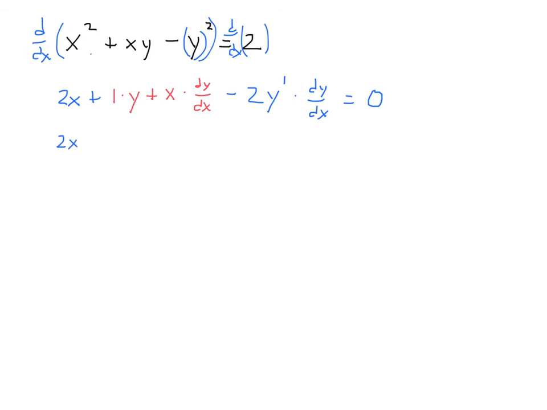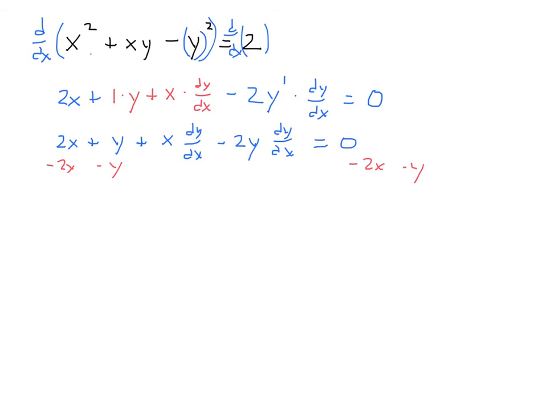I'll have 2x plus y plus x times dy/dx minus 2y times dy/dx. Remember, that is to the first power, equals 0. So now I want to get everything that doesn't have a dy/dx and move that over to the right-hand side. So I'm going to need to subtract 2x, and I'm going to need to subtract y.